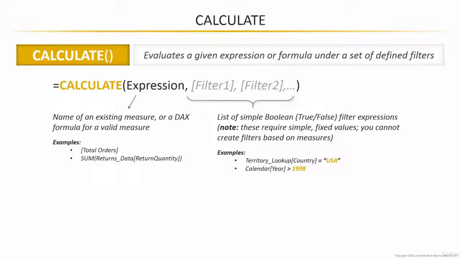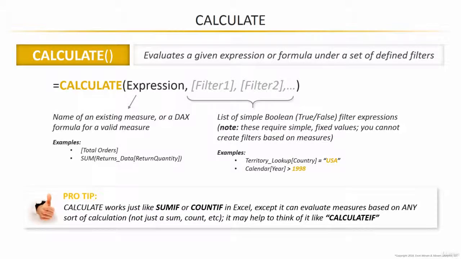So column name on the left and some sort of a value or text string on the right, separated by an equals, a greater than, a less than, etc. So some examples could be country column from territory lookup equals USA, or the year column from the calendar table greater than 1998. What you cannot do here is insert more complex filters or even use filters that reference measures. So again, column name and some criteria, either value or text.